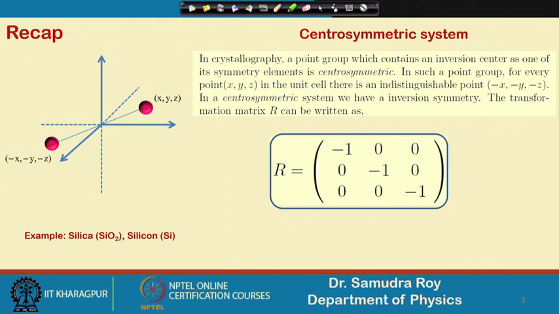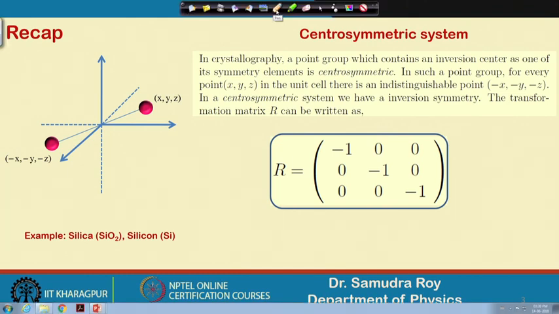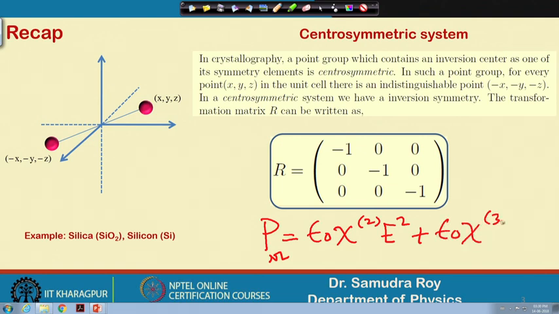That means, if I write a relation between polarization and electric field, we know the relation is P nonlinear equals epsilon 0 Chi2 E square plus epsilon 0 Chi3 E cube.